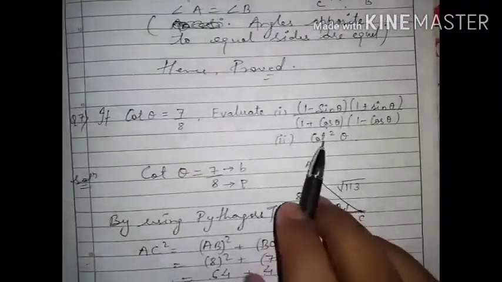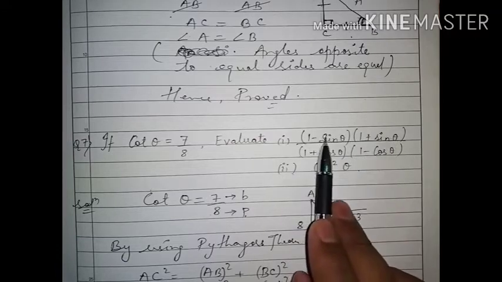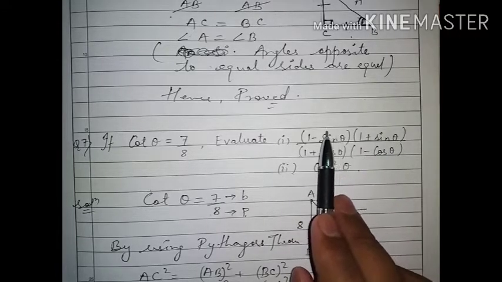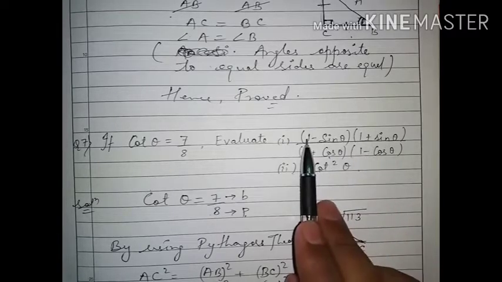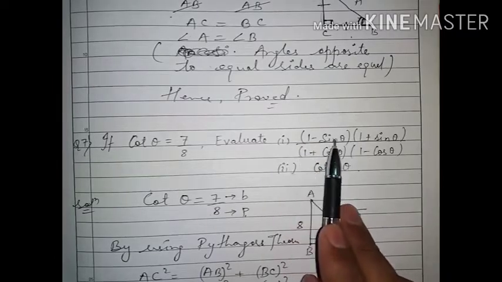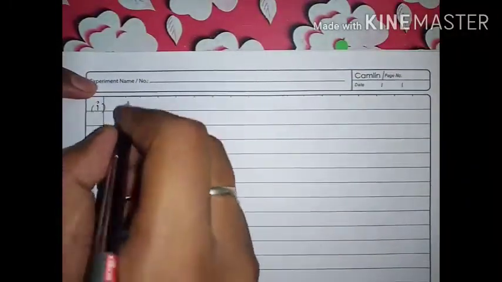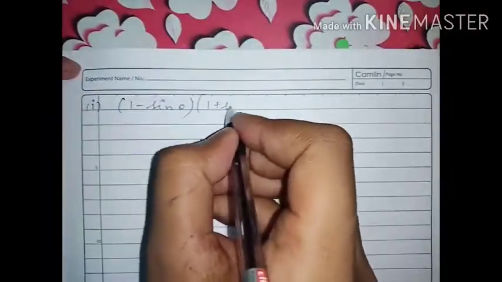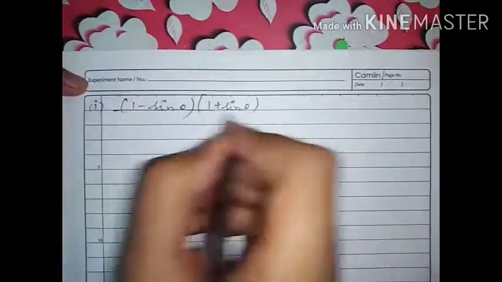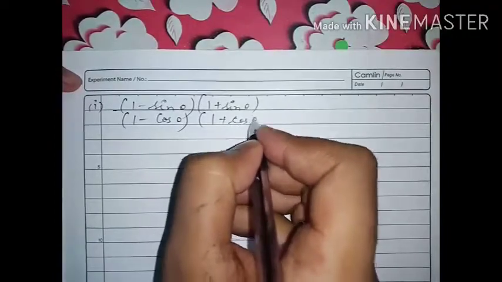Okay, now you have to find this, 1 minus sin theta, 1 plus sin theta. Recall one algebraic formula, A plus B and A minus B. You all know that is A square minus B square. Here A is 1 and B is sin theta. The question is 1 minus sin theta and 1 plus sin theta upon 1 minus cos theta and 1 plus cos theta.